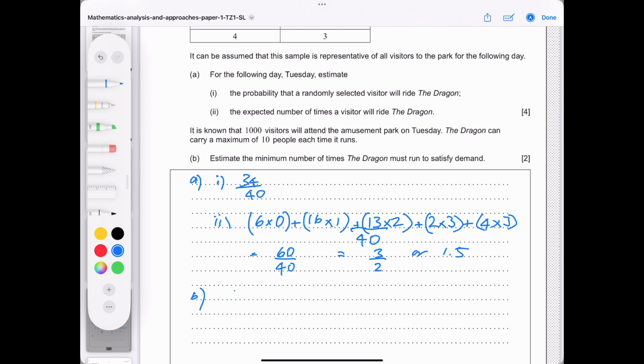So of the 1,000 visitors, that's 1,500 potential rides. But you can only fit 10 people on it at a time, assuming that everybody gets on when they want to. So it's got to run 150 times.